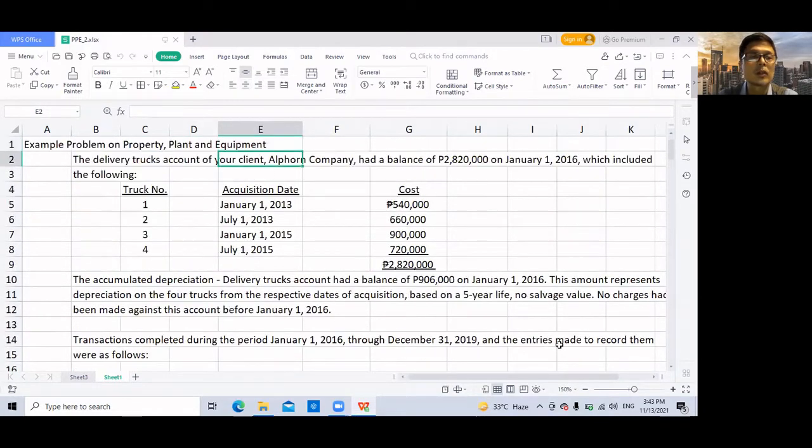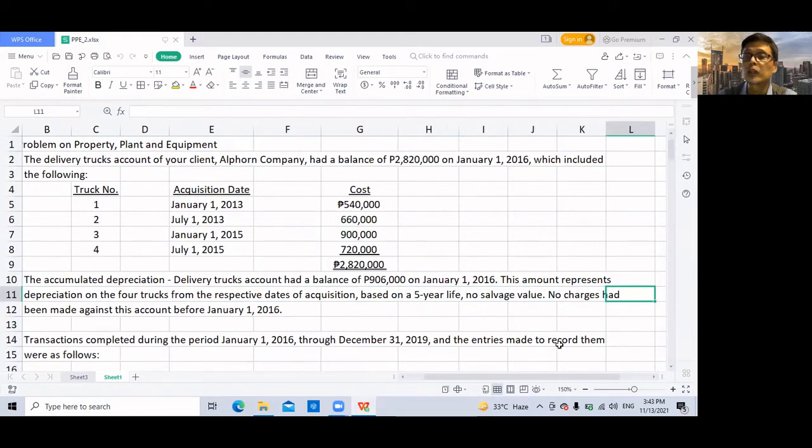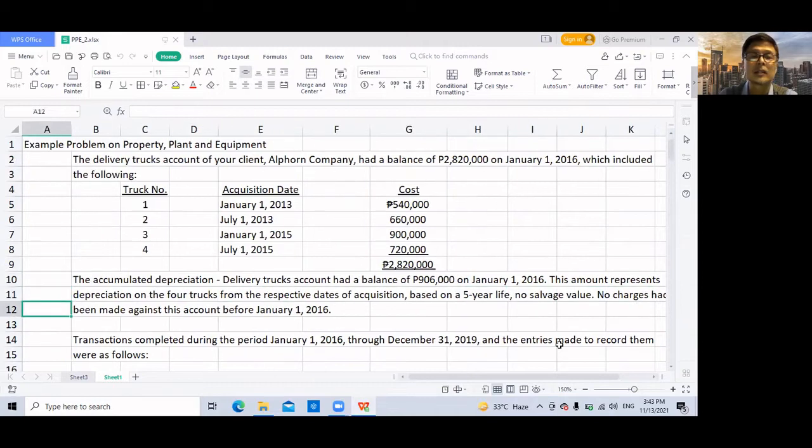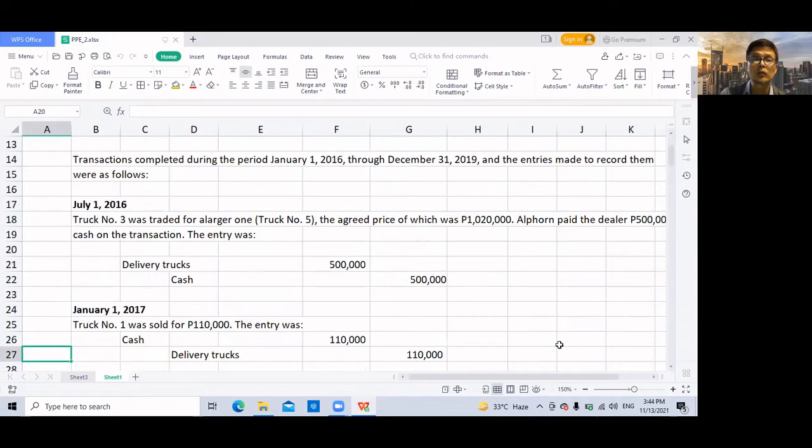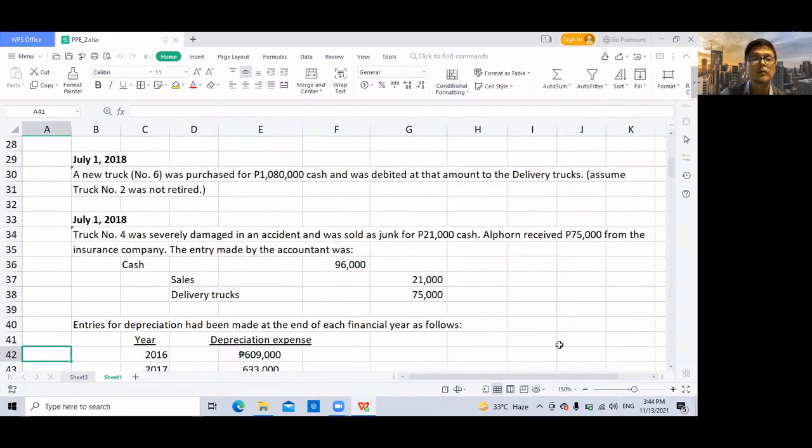Now, what did it say here earlier? Account balances. This amount represents depreciation for trucks from the respective dates of acquisition based on a 5-year life, no salvage value, and no charges had been made against this account, the accumulated depreciation, before, of course, January 21, 2016.